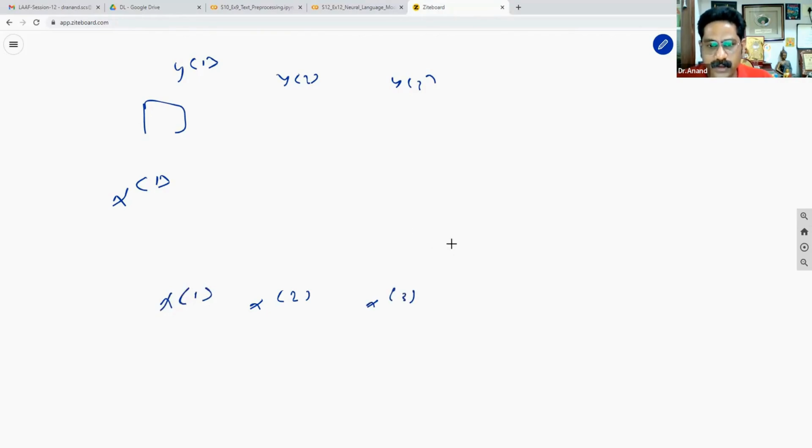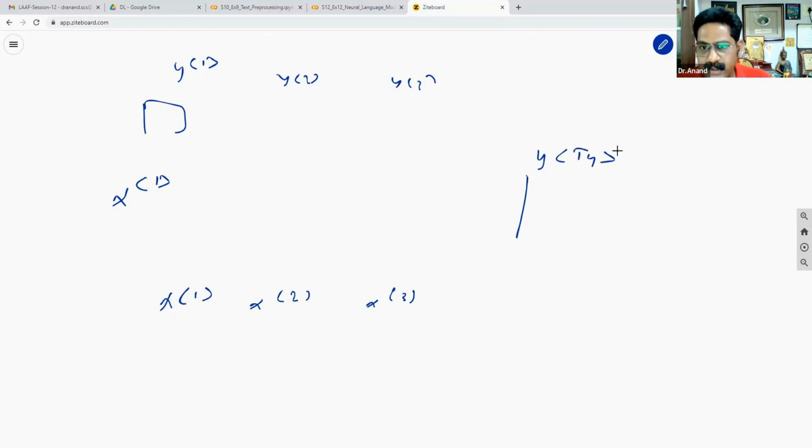So hope you are able to differentiate one to many. In one to many, we only give a trigger token, and your model starts producing the sequence: y of 1, y of 2, y of 3. In many to 1, you have x of 1, x of 2, x of 3, and so on, but your model gives me the final y at the last.